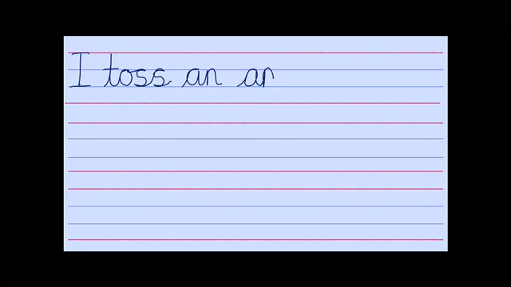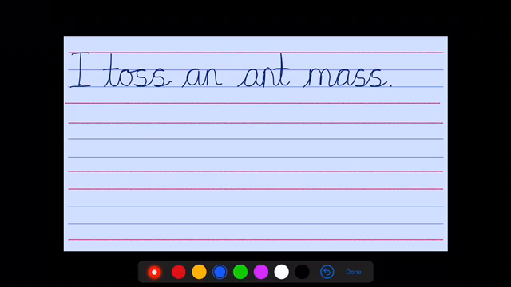And then we've got the word toss. Here it is, a one-tap word with a short vowel sound. I needed a double s. An, ant, mass, a lot of ants. And did you remember your full stop?